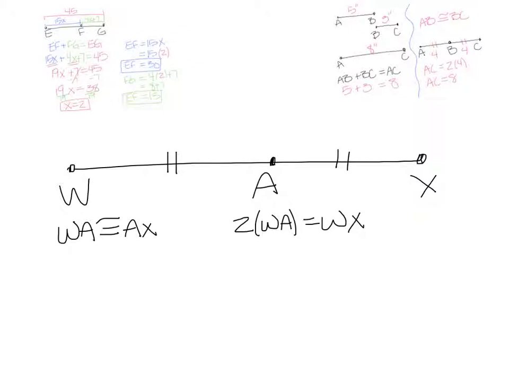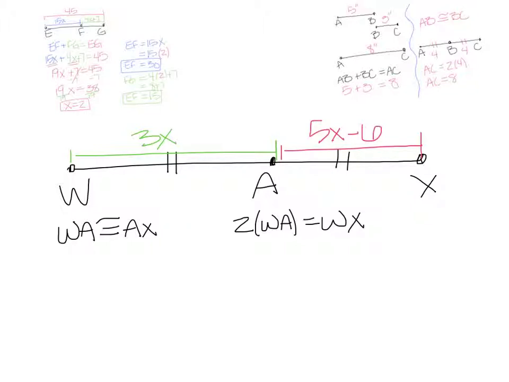So let's take a look at some information here. Let's say that we know that WA is 3x, and we know that AX is 5x minus 6. Now, on another example, this would not be enough information, but since we're dealing with midpoint and we know that we have congruent segments, this is all we need, because we have this statement here, WA is congruent to AX.